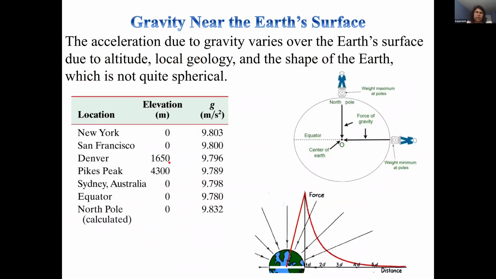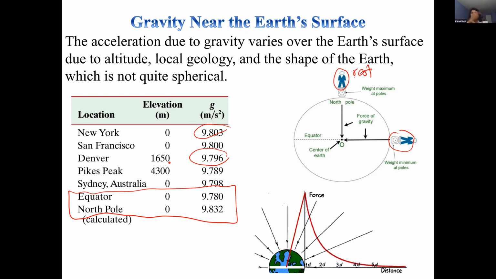So those are the numbers that you can see. This is the New York value, this is the Denver value, right? And also there is another thing in here. You see that this g value is different closer to the equator and the North Pole. There is also a reason for that. If you know that Earth is spinning itself, that means this person keeps rotating, but this person is almost at rest.